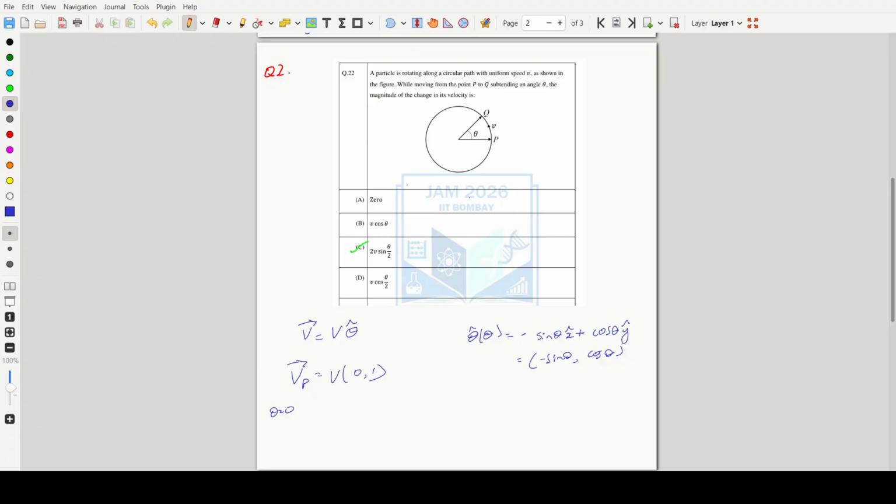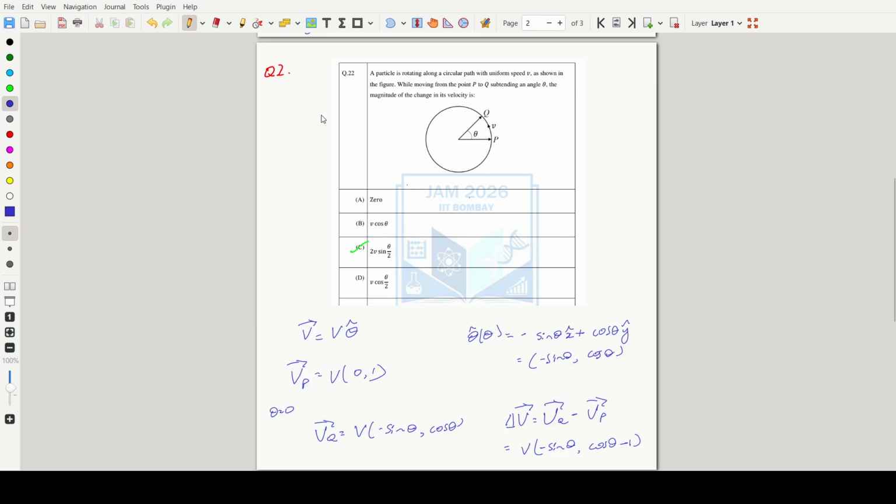And at point Q, I don't know what theta is, so I'll just write it this way: minus sine theta, comma cos theta. Now let me denote the change in the velocity this way. It's VQ minus VP, and that is just minus sine theta, comma cos theta minus 1.